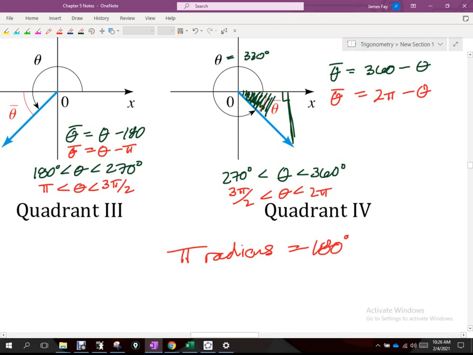So at any juncture throughout the course, if it's in radians and you're struggling with that concept, you can use that conversion to go over to degrees, work it in degrees, and then come back at the end and convert it back to radians. I don't think that's efficient. As we go through things, we'll do a couple questions that demonstrate that.